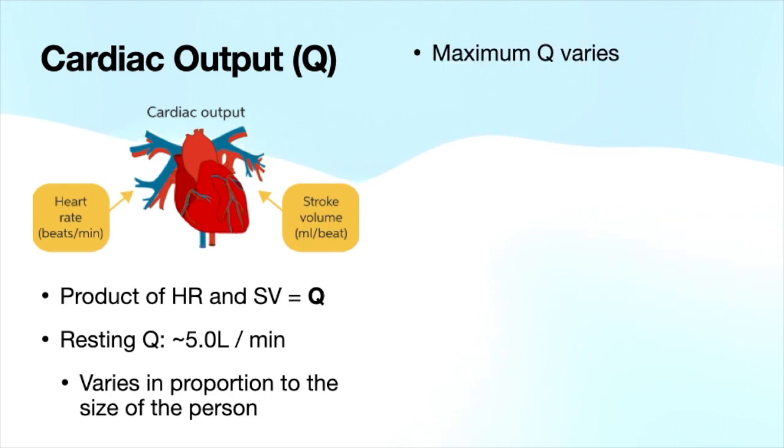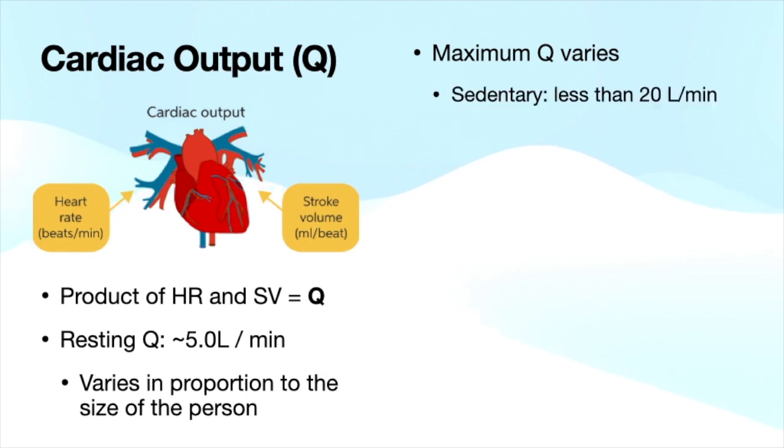Now, let's look at the maximum cardiac output that could be produced by individuals. The maximum cardiac output varies according to your size, and also according to your training level. So let's look at the sedentary person.